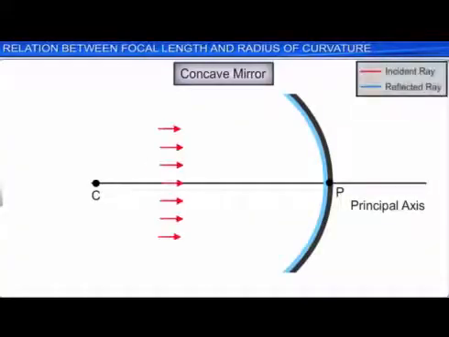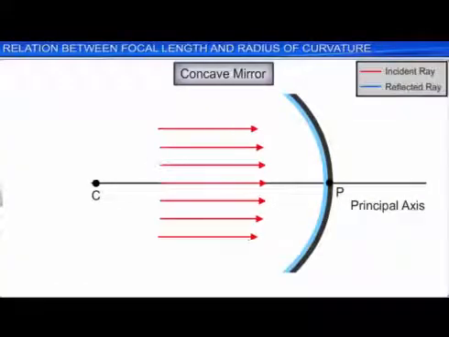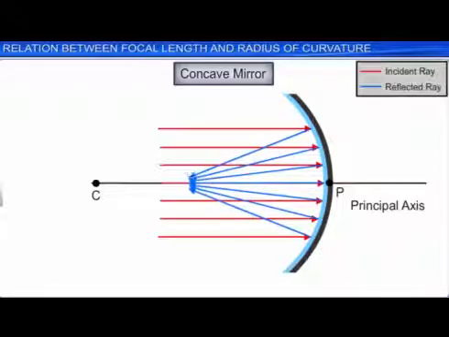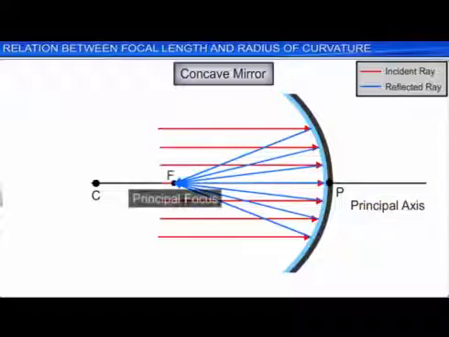When a beam of light rays parallel to the principal axis is incident on the reflecting surface of a concave mirror, the rays converge at a point on the principal axis. This point is known as the principal focus of the concave mirror.